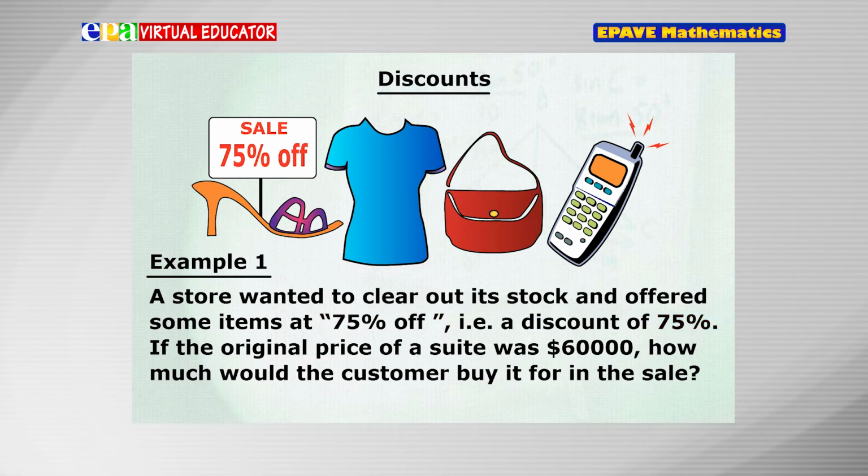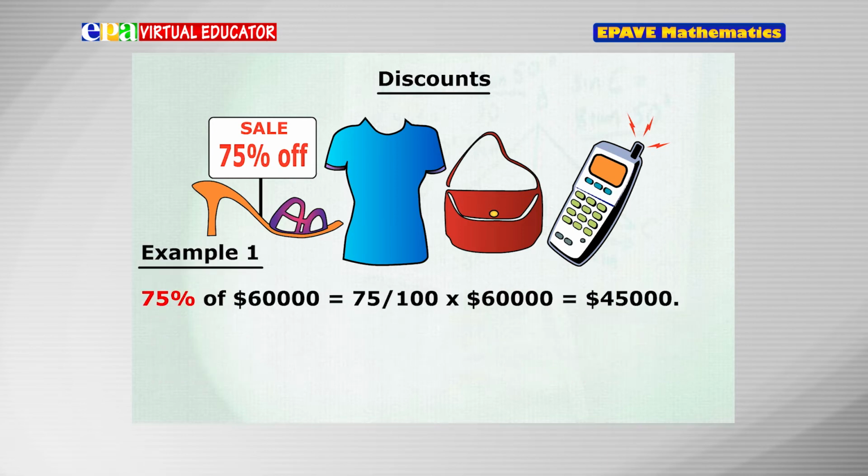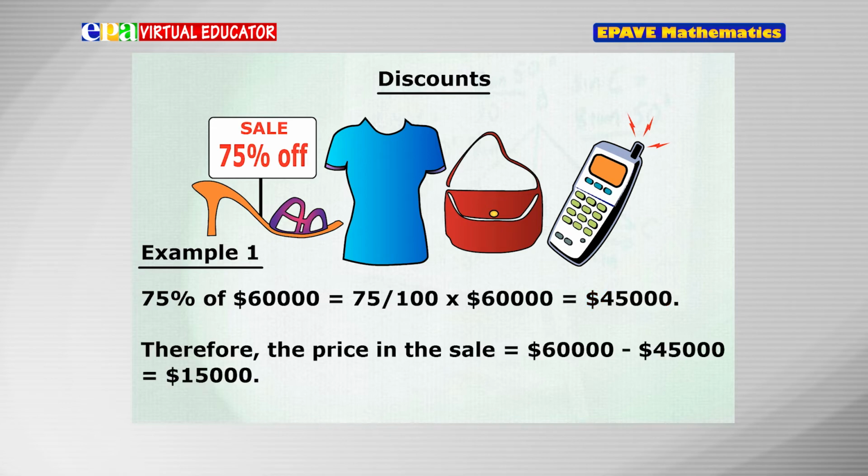If the original selling price of the item was $60,000, how much would the customer buy it for in the sale? 75% of $60,000 is equal to 75 divided by 100 multiplied by $60,000, which is equal to $45,000. Therefore, the price in the sale is equal to $60,000 minus $45,000, which gives $15,000.